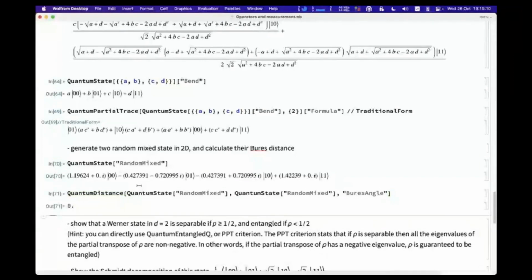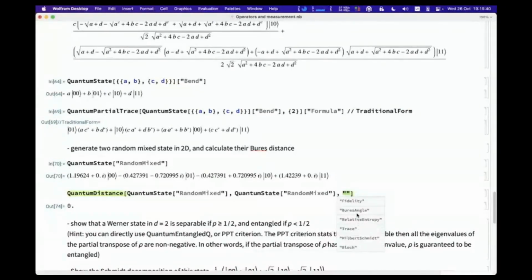Okay. So, lucky us, in this case it turned out to be 0. But anyhow, quantum distance is the function that you can use for measuring the distance between two quantum states. The measures that we support are fidelity, trace, Bures angle, Hilbert-Schmidt distance, Bloch, and relative entropy.